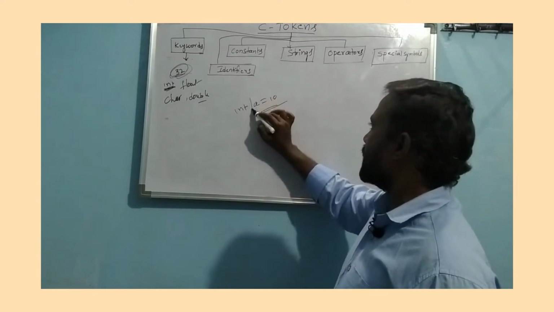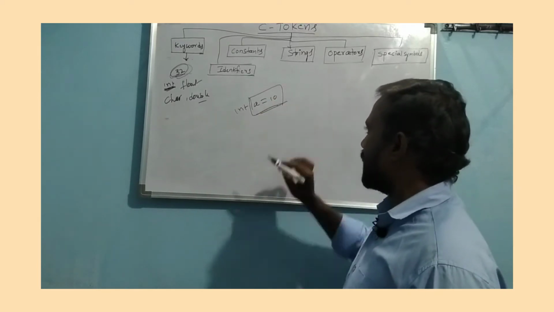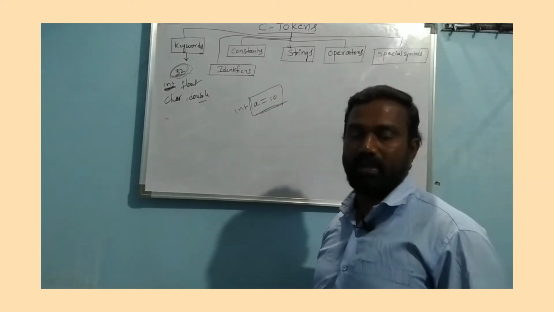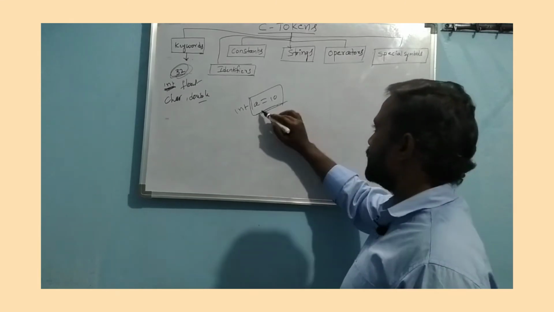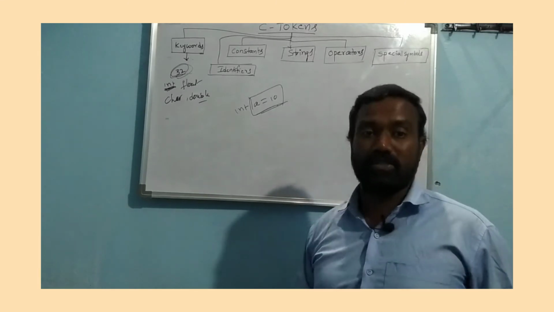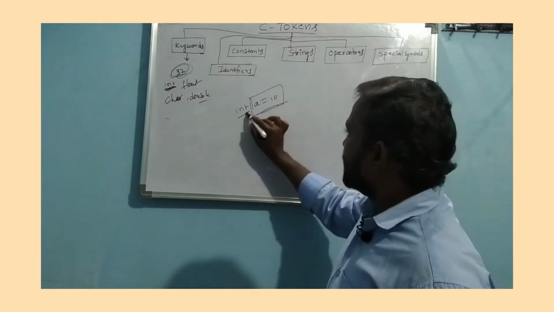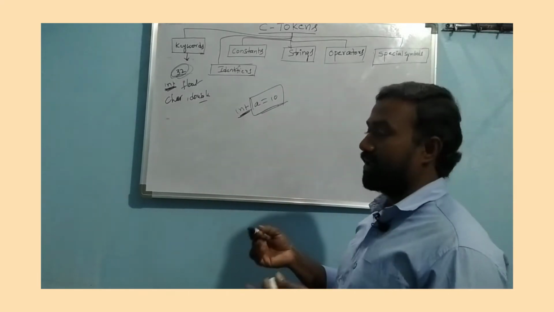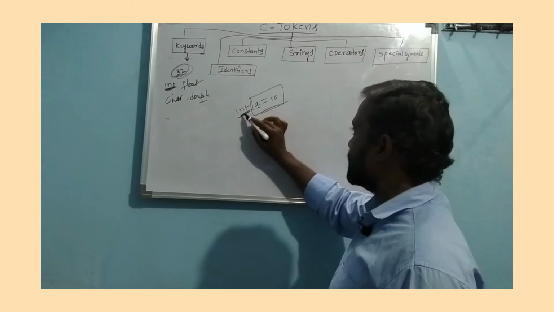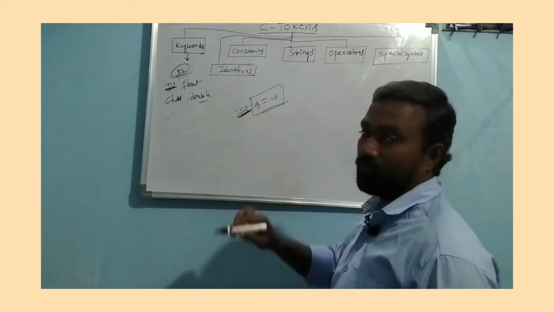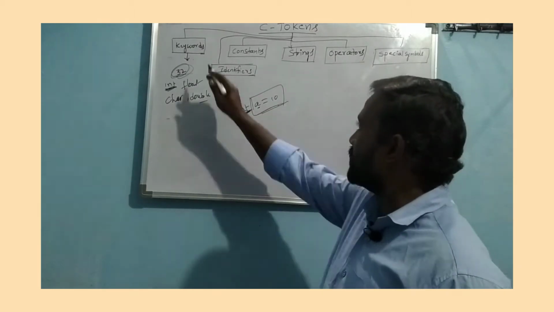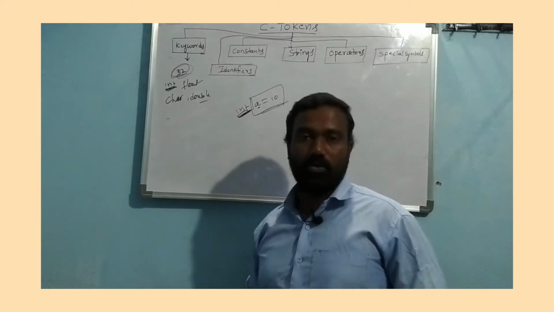If you write this, the computer does not understand. The C compiler cannot understand the meaning of a equal to 10, and it generates an error message saying you have written it wrong. So if you write int, it easily identifies that this variable is an integer data type variable. That's why we are using 32 keywords in C programming language.